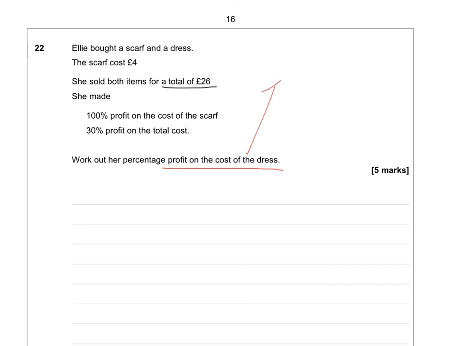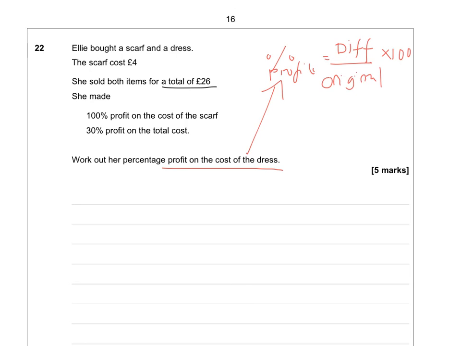Now, to calculate percentage profit, one way of doing this is to do the difference between the final and the original price of an item divided by the original price of the item multiplied by 100. So we need to know the original and the final cost of the dress, and we know neither of these things.